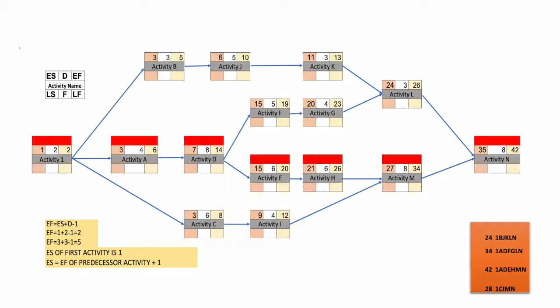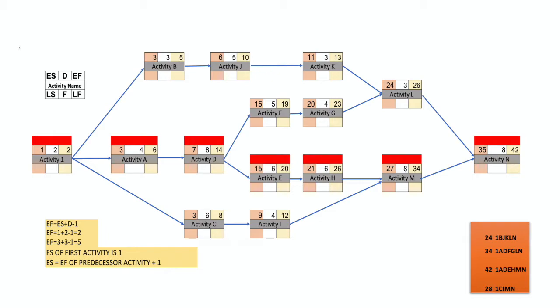Activity 1 required 2 days, day 1 and day 2. Now we are on activity B. Activity B will start on day 3, so day 3 will be the early start, and activity B has a duration of 3 days. So 3 plus 3 minus 1 is equal to 5.